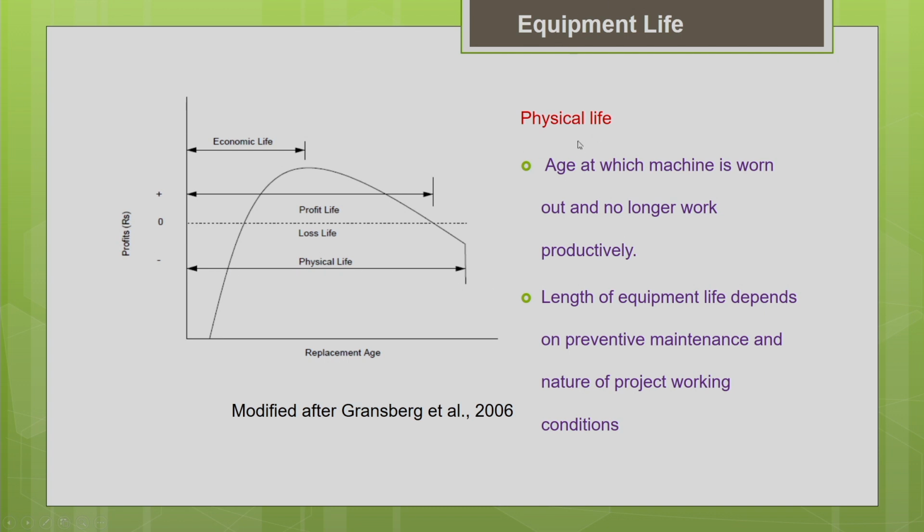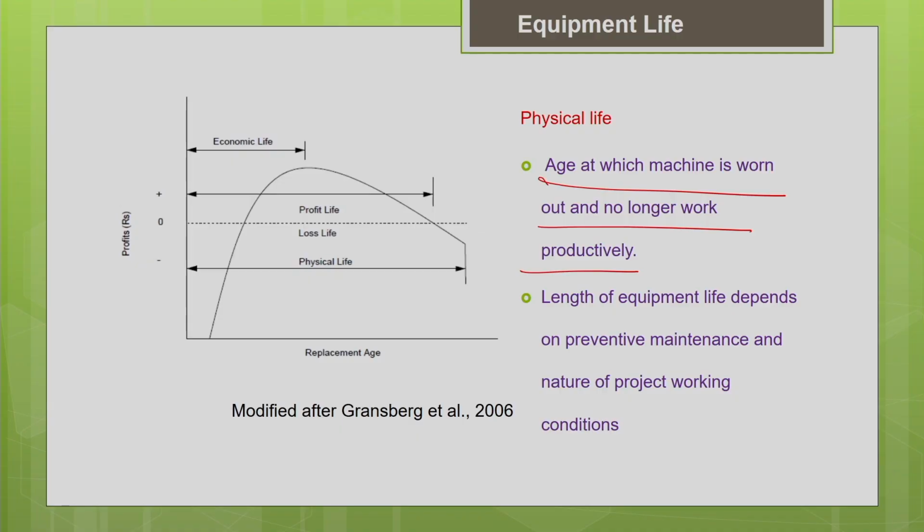So, when is the end of the physical life? It is the age at which the machine is worn out and no longer works productively. We say that the machine life has come to an end. The machine is totally worn out and its productivity is very poor. Okay. So, in that case you can say that it has reached the end of its life.